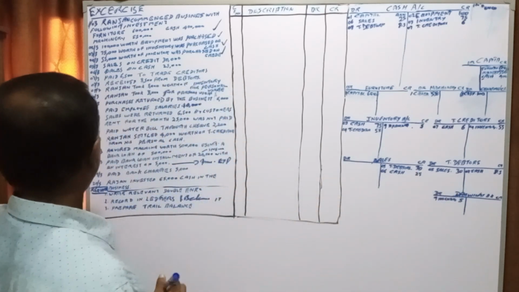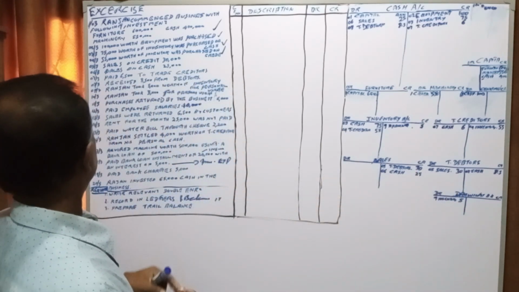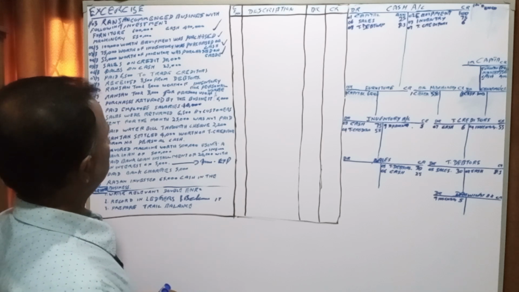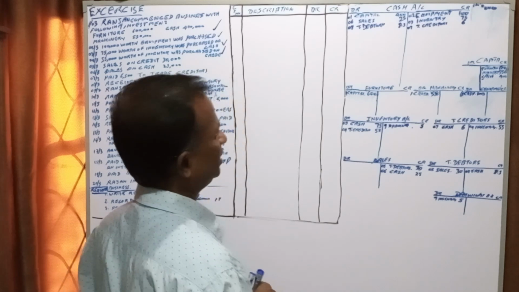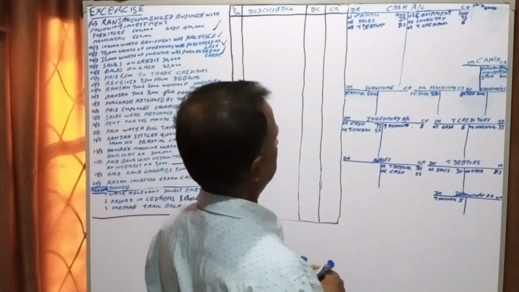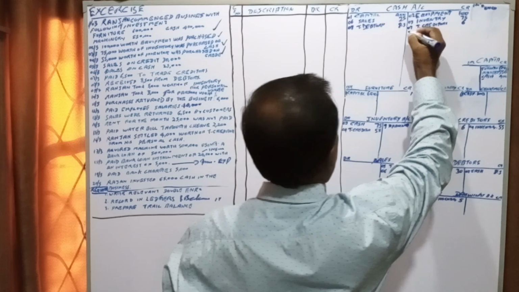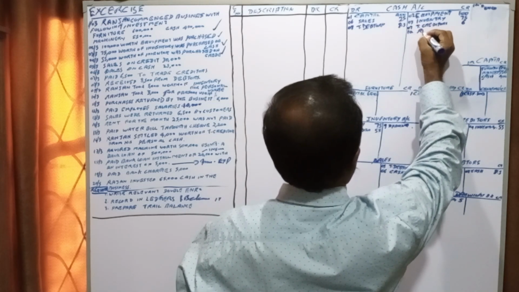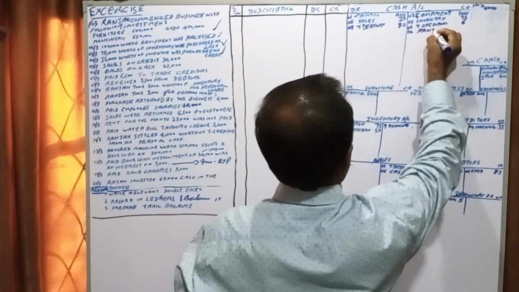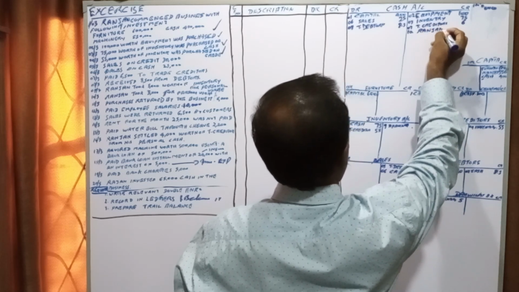Okay, now we move to 10th of March. Ranjan took 3,000 for personal use. He took 3,000 rupees. He has taken away cash 3,000.